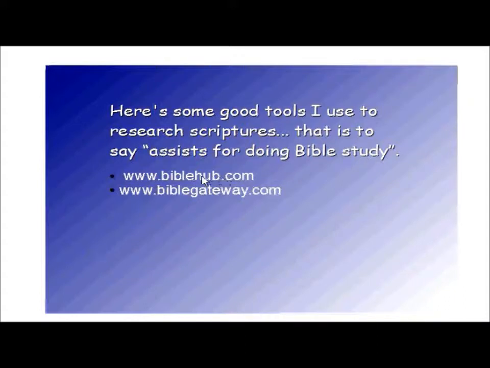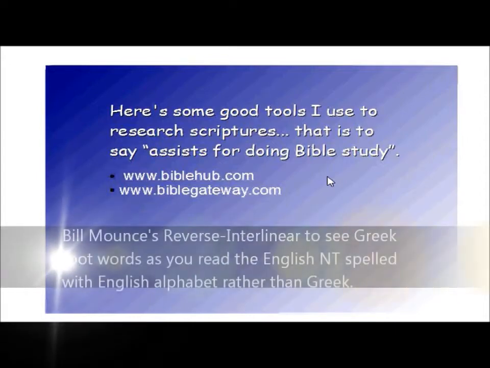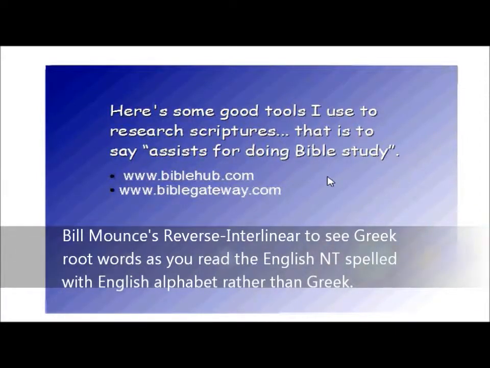Even if you're studying Greek, there's a nice tool from Bill Mounce, a very well-known Koine, New Testament Greek teacher. It's a translation tool accessible from the pull-down menu at BibleGateway.com, called a reverse interlinear.